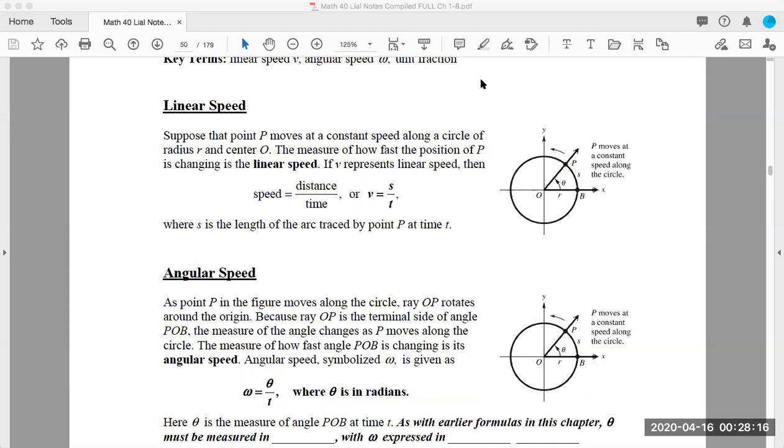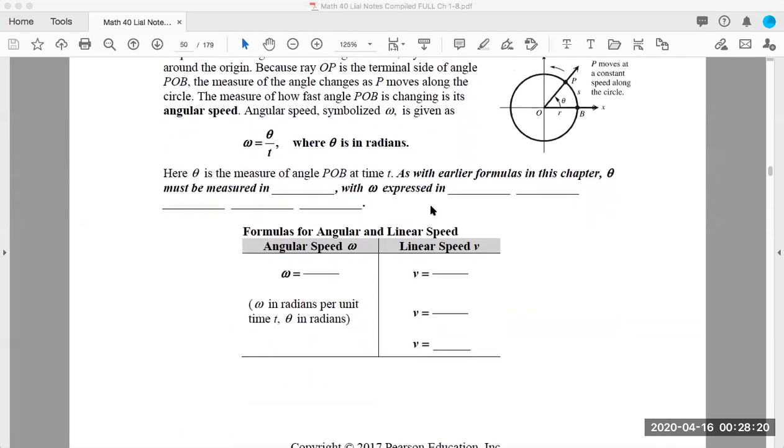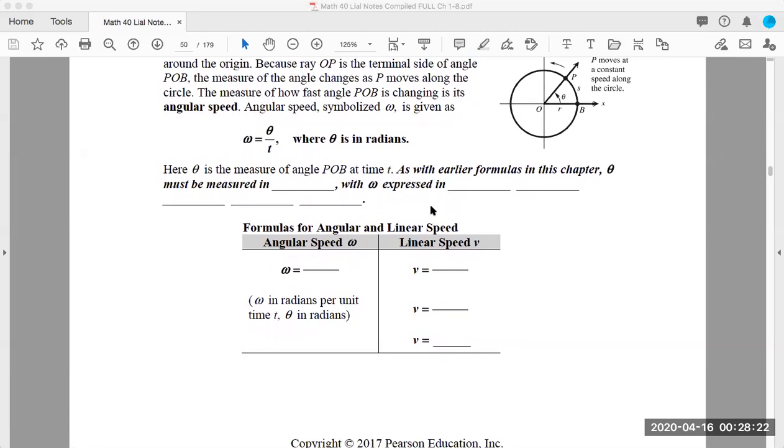Now the formulas you're going to be needing for this section, you saw two of them. Just in case you are curious about the notes, let me fill this part in for you. Theta must be measured in radians, with omega expressed in radians per unit of time.